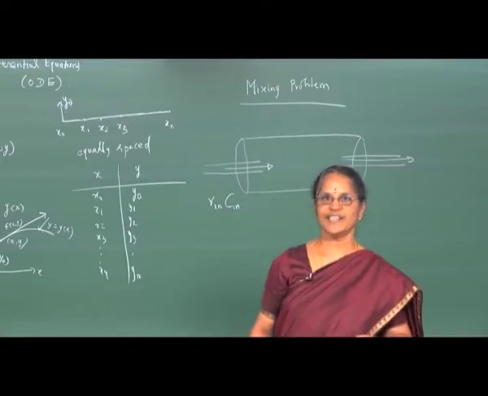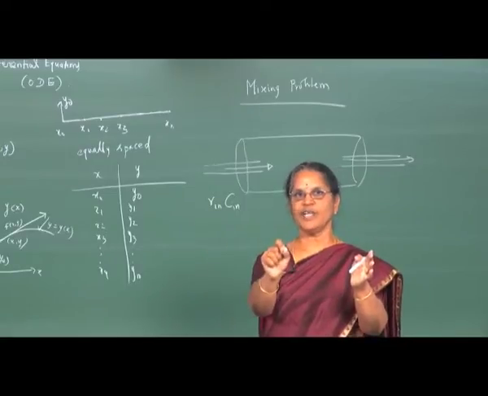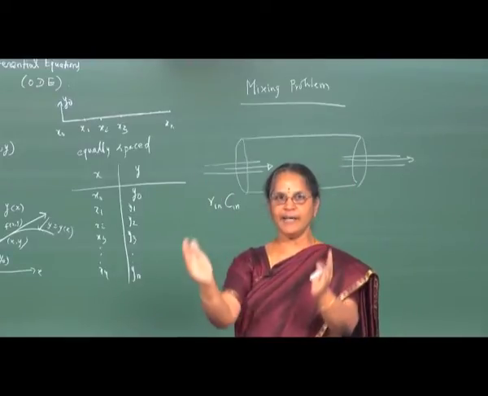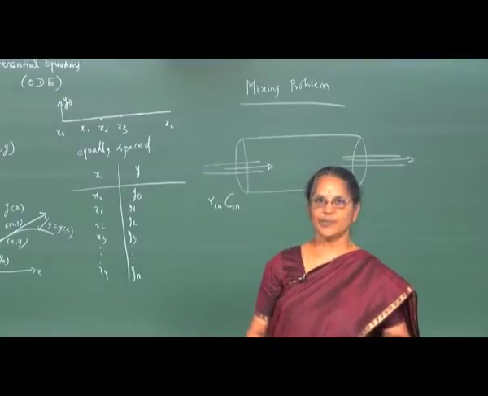So, the result says if f is continuous in this rectangle, then the initial value problem has a solution y of x. What does it mean? The solution exists for mod x minus x naught less than or equal to the minimum of alpha comma beta by M. That is, a solution exists in an interval surrounding this point x naught, that is, a solution exists in a neighborhood of the point x naught at which the initial condition is specified.